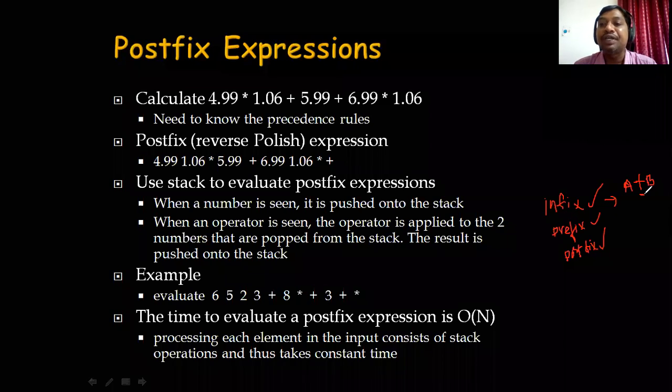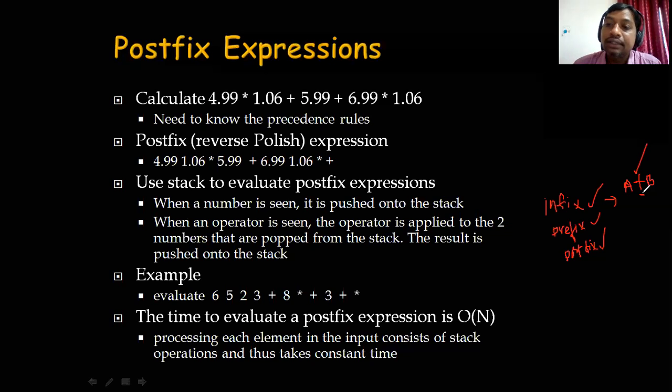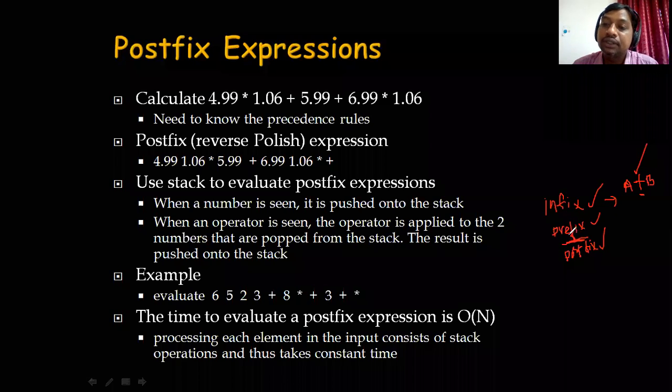It comes in between the two operands a and b. This is what we call infix. When it comes to prefix notation, pre means prior to the operands. That means the operator comes first, followed by the operands: plus followed by a b.